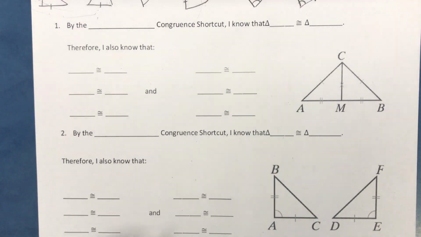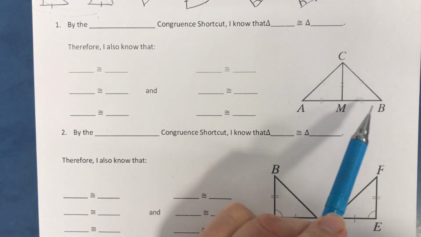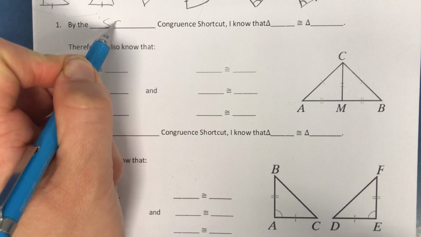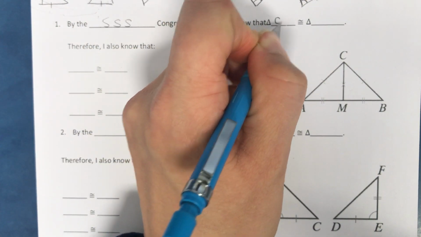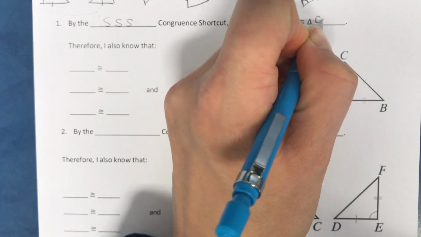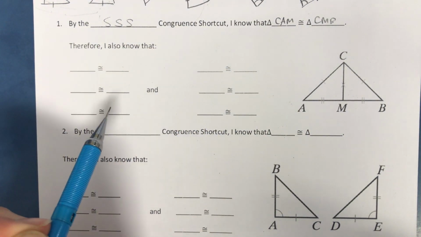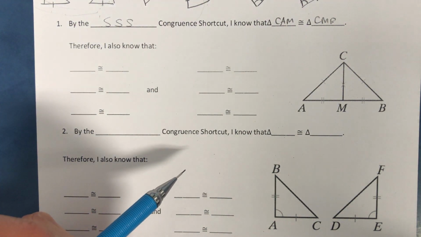So I'll just do the first one, and then I'll let you do the second two and show you the answers. So here we have two triangles, and I notice all the side lengths are equal. So by side-side-side congruence, I know that triangle CAM and triangle CMB are congruent. Which then tells me a lot. It tells me all the side lengths are equal and all the angles are equal of the two triangles.